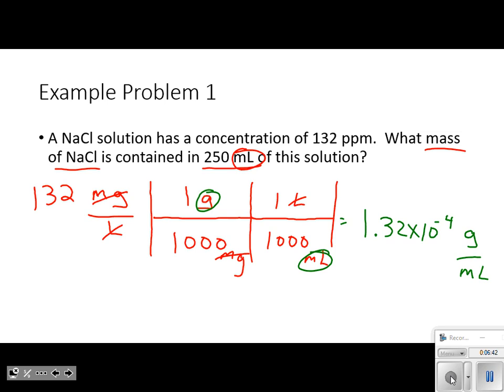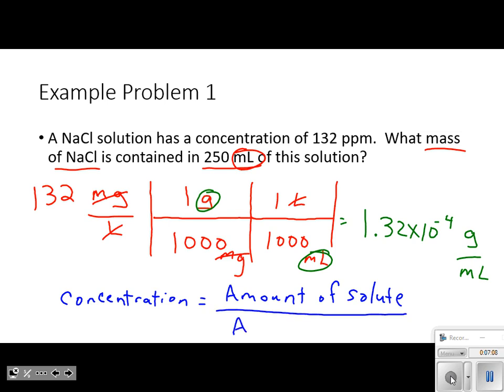Now, why did I do that? Well, because I know that my concentration is equal to the amount of solute divided by the amount of solution.